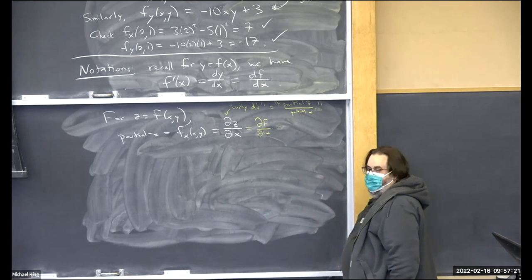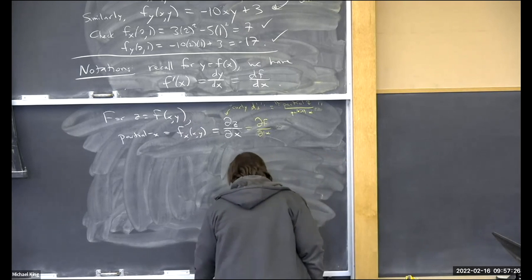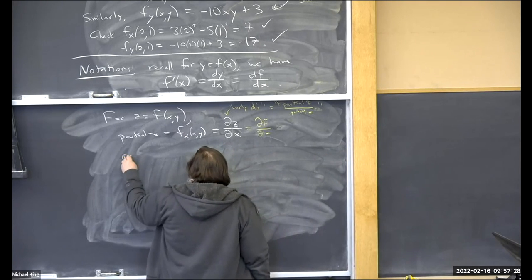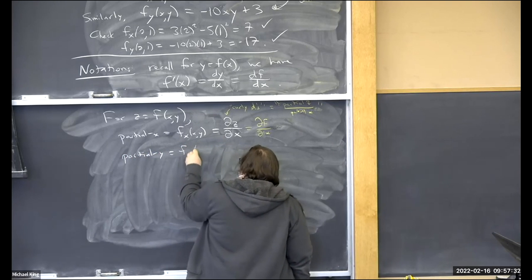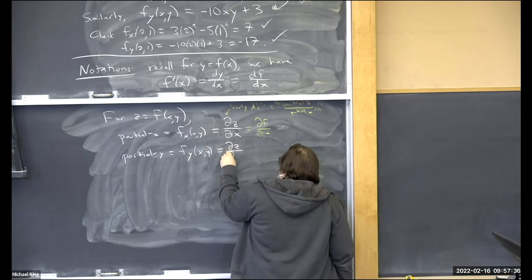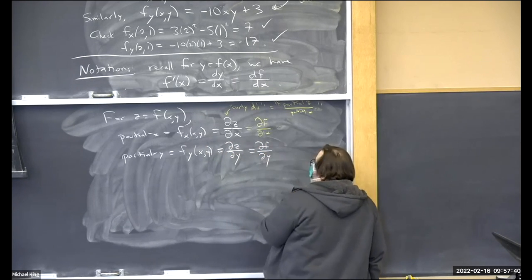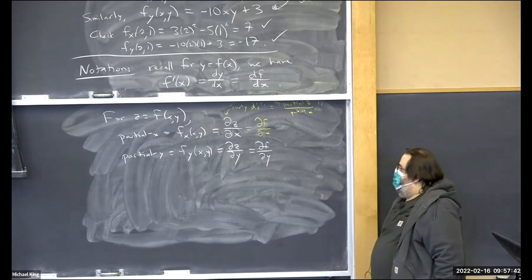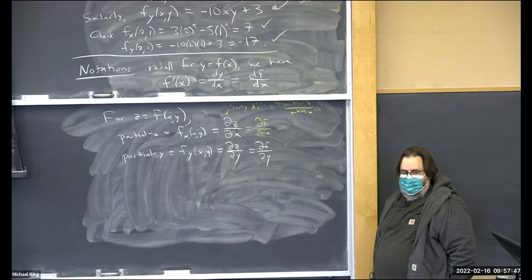So you could write it that way. Partial y, you can guess, is f sub y, but we could write dz dy or df dy. You can imagine when we have w as a function of x, y, and z, it's very similar.